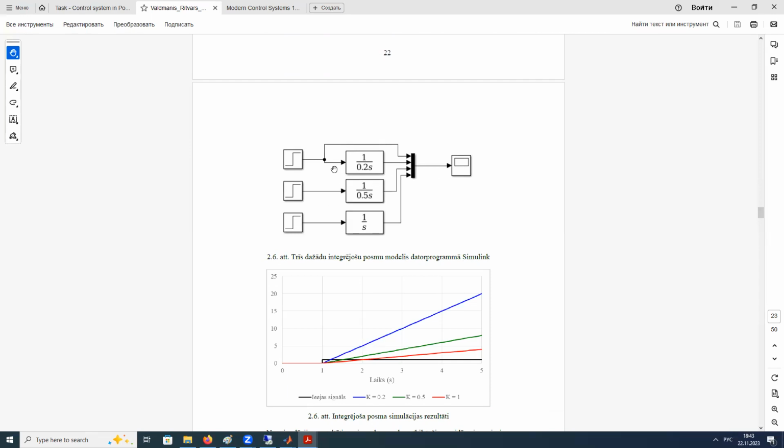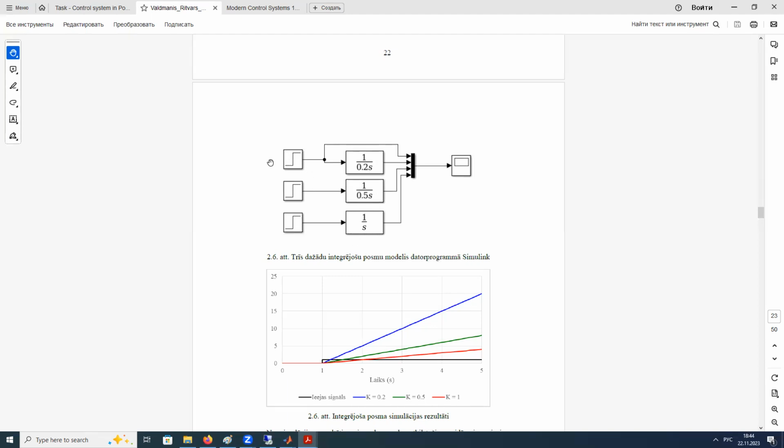Here we could see a small scheme in MATLAB that represents this integrator. Here we could see 3 blocks with different coefficients of 0.2, 0.5, and 1.